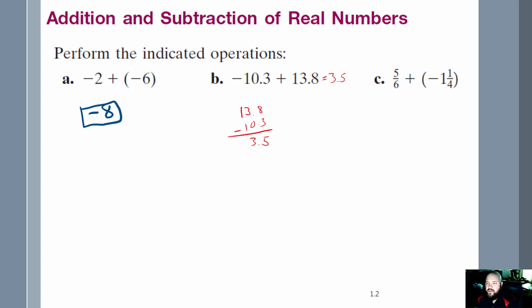Now, on this, fractions. Everybody loves some fractions here. So we've got 5/6 plus a negative 1 1/4. Well, first, let's get this fraction set up so we can get the same common denominator.